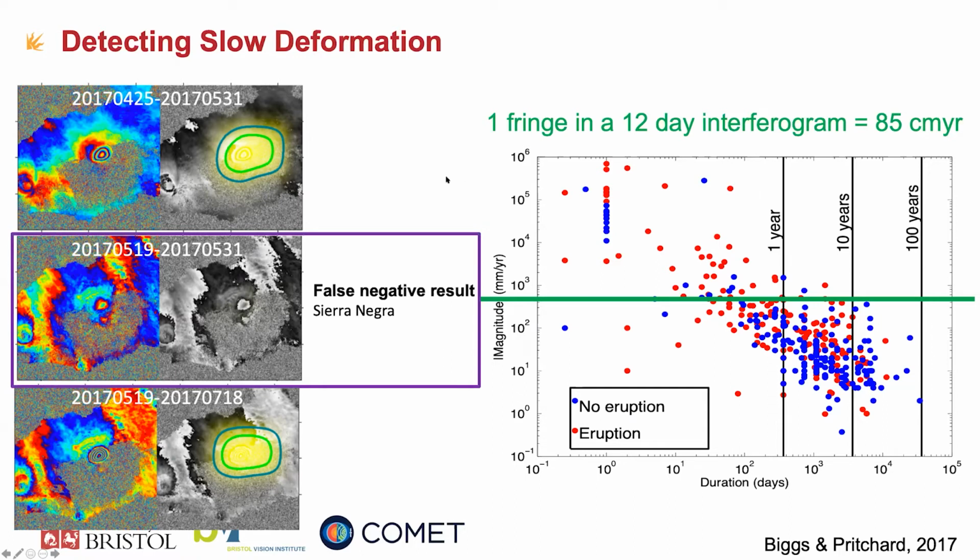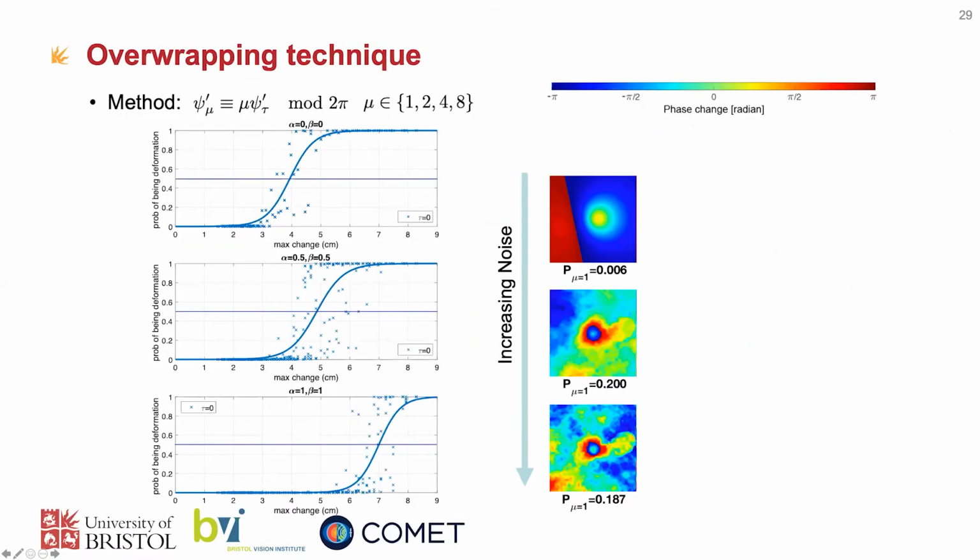So we came up with a technique that we call the overlapping technique. What we're doing here is we apply gain to the phase. This is an example of the idea. This is the original signal. We can see you have only one fringe here.